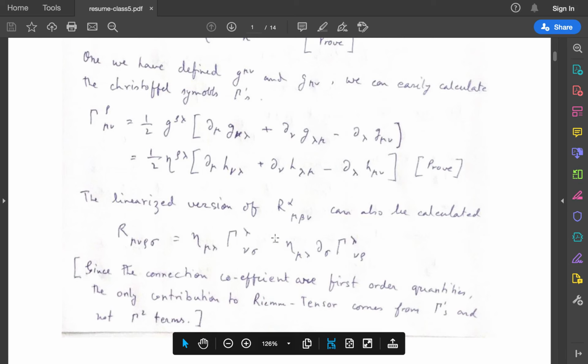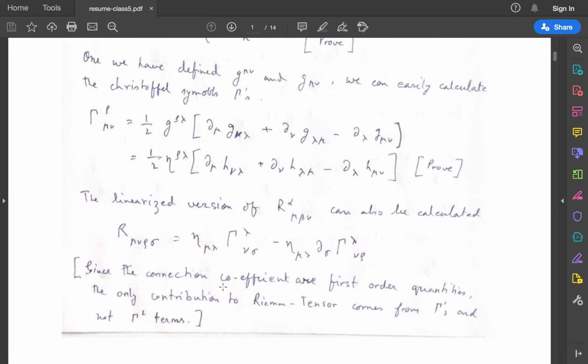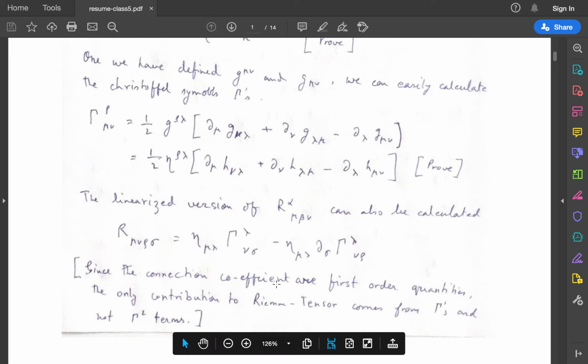Notice that this can be reduced to this form because, again, we neglected all the higher order contributions of h mu nu. So in the connection coefficients, with our first order quantities, the only contribution to the Riemann tensor is from terms linear in gammas.